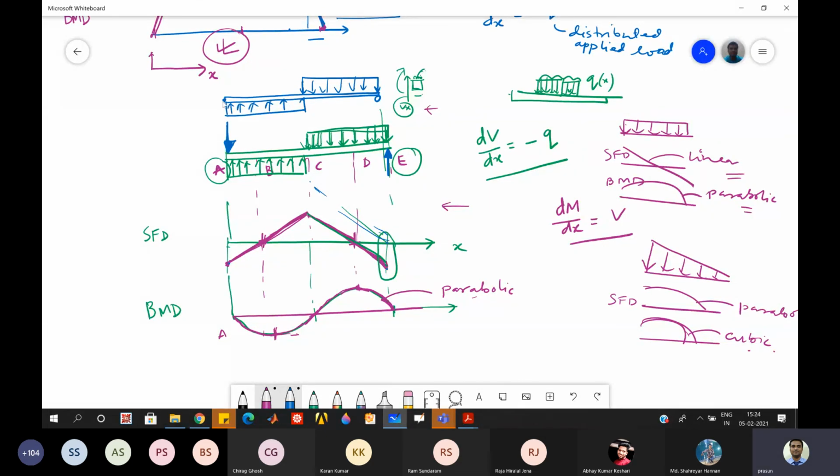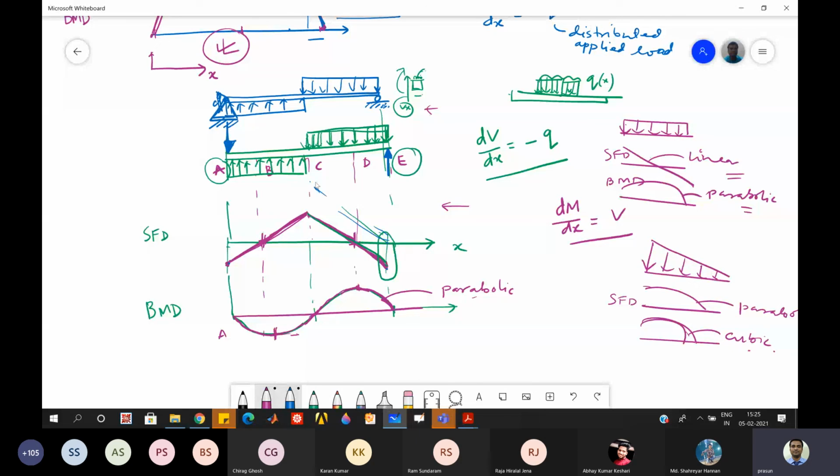And here I'll use a pin, which means both X and Y are restricted. So maybe you can show it this way. Is this fine? Yes, sir.